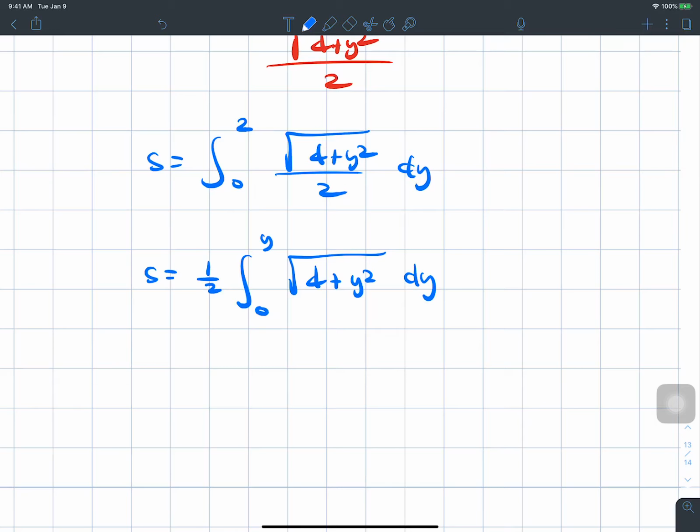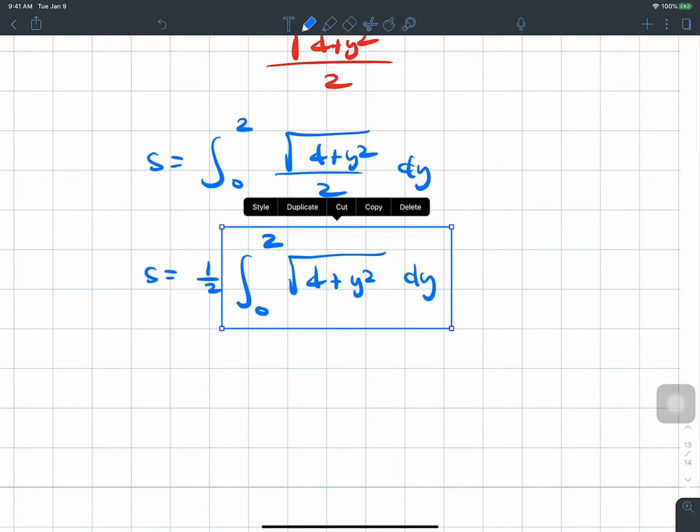Okay. All of that work, all of this algebra to get down to this integral, and I'm going to put this in a box. Oh, nice. Here's the box. We got to integrate this.